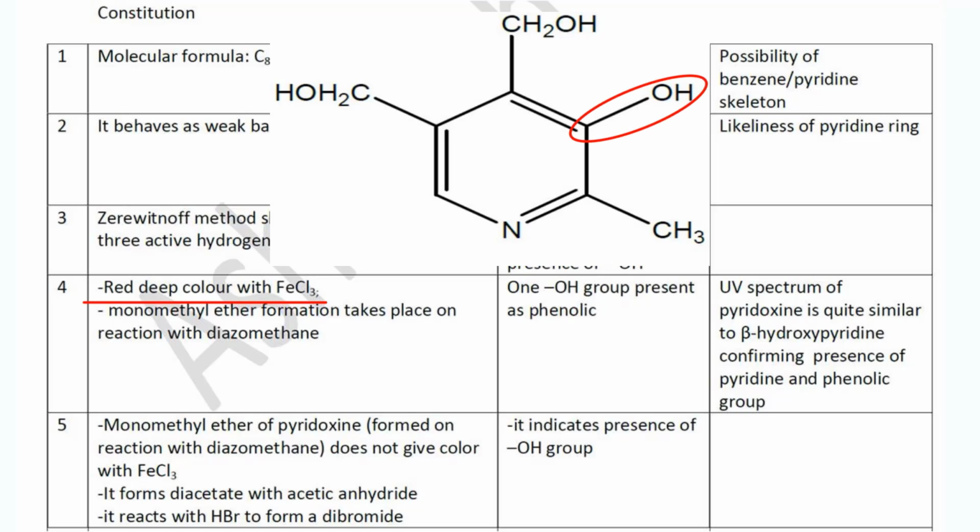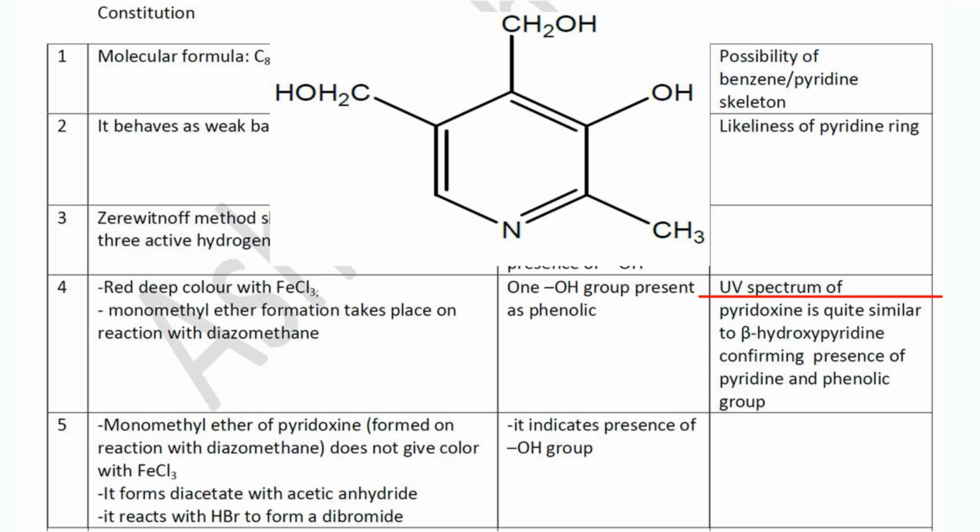It gives a deep red color with ferric chloride. This means one OH group is present as a phenolic. Monomethyl ether formation takes place on reaction with diazomethane.